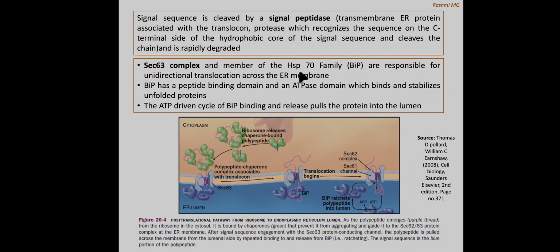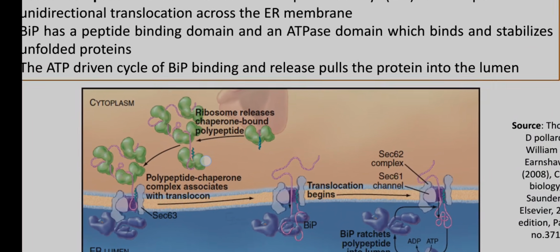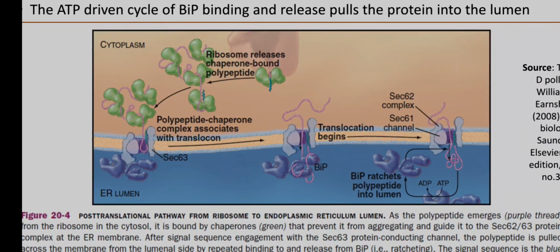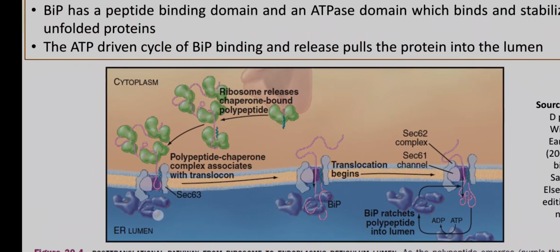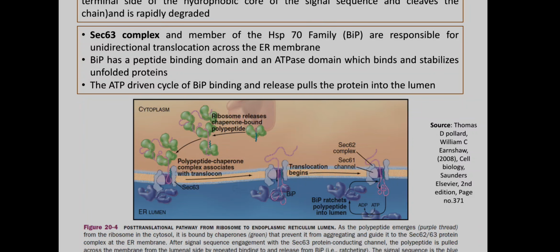The Sec63 complex and the membrane HSP70 family protein, that is binding immunoglobulin protein (BiP), are responsible for unidirectional translocation across the ER membrane. So the Sec63 complex will help in unidirectional translocation across the ER membrane. BiP has a peptide binding domain and an ATPase domain which binds and stabilizes unfolded proteins.